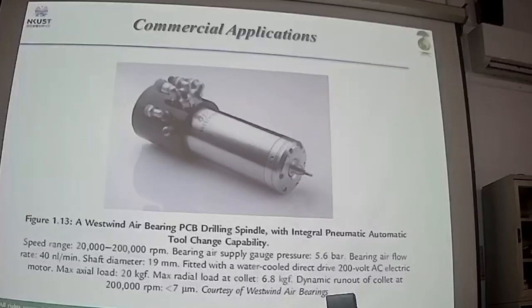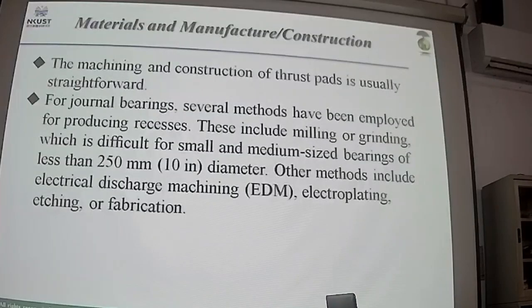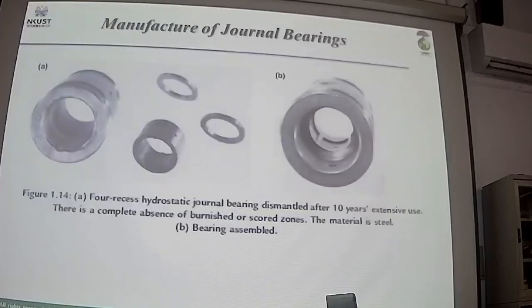So this is a typical commercial product for hydrostatic. And for the manufacturing or construction of the hydrostatic bearing, usually you need to fabricate or manufacture the very precise part with very small tolerance.